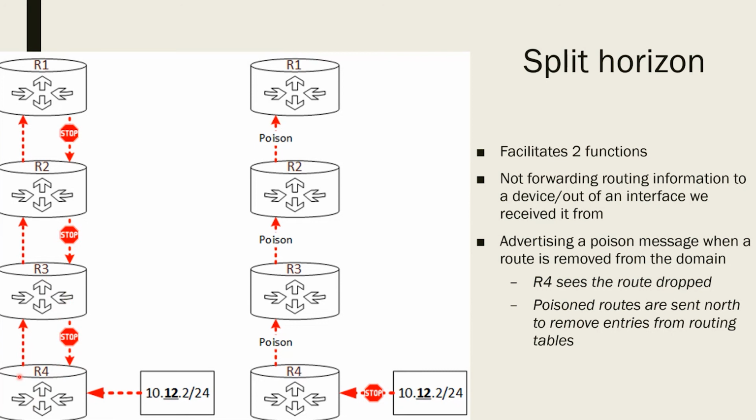Now, that's great for R4, but in that situation, R3 still has that state cached in some sense because it doesn't know that the original source routing information has disappeared from the network. So it still thinks that R4 is the next best path to reach that destination subnet.